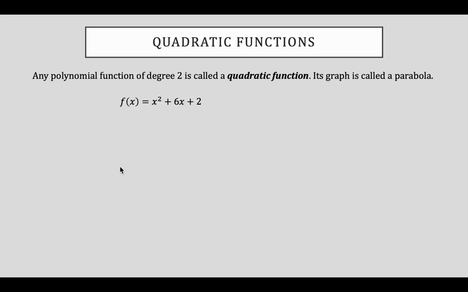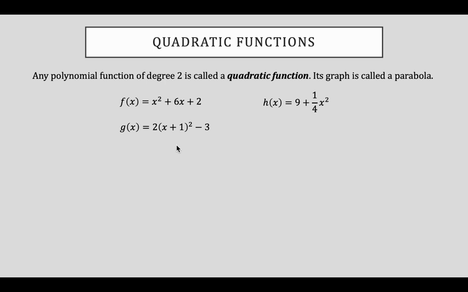Okay, here I have a function f of x is equal to x squared plus 6x plus 2. This is a quadratic because it has a degree of 2. g of x is equal to 2 times x plus 1 quantity squared minus 3. This is also a quadratic function. Again, if you were to multiply all this out, your highest power of x would be 2. h of x is equal to 9 plus 1/4 x squared.